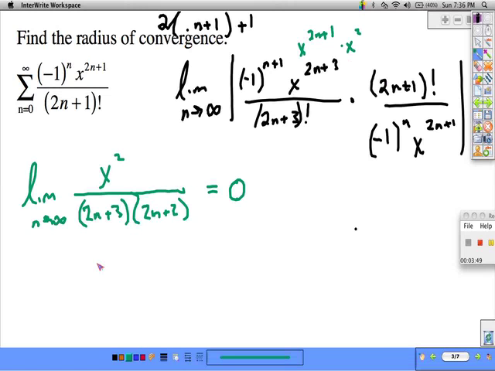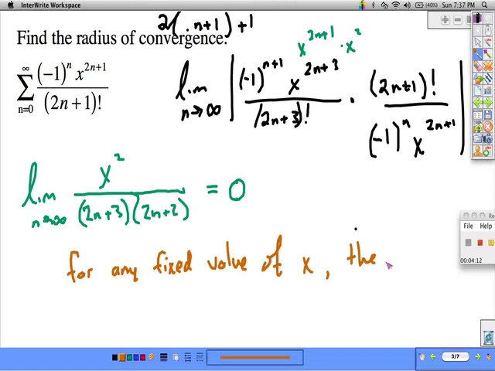So what this tells us is that for any fixed value of x, the series will converge. So the radius of convergence here is infinite.